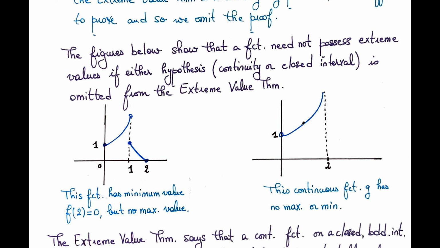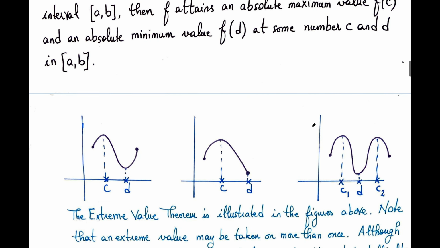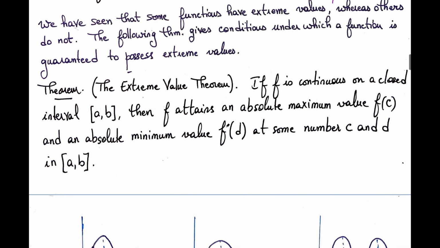This is an example of a function which is continuous on 0, 2 open, but this function doesn't have an absolute maximum. So the extreme value theorem doesn't apply here, and its conclusion fails if closedness fails, right?